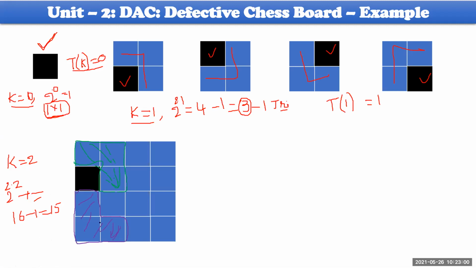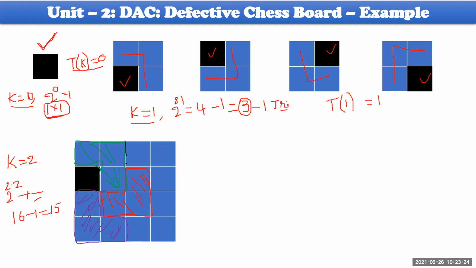So this is the first one and the second one. And the third one, this is the third triomino I would like to place here, the red one. And finally, I would like to take one more.